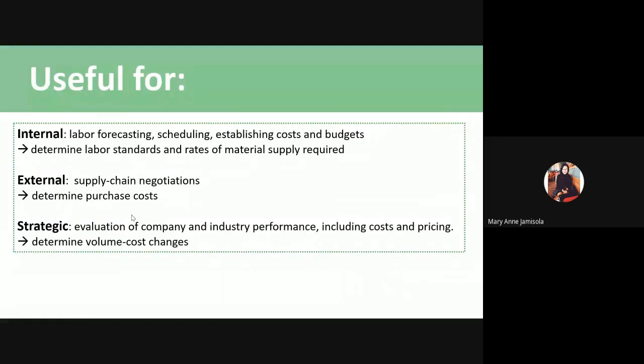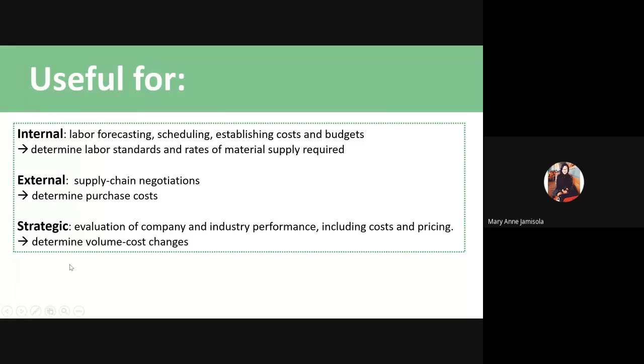By studying the learning curve, we can assess how fast we can produce the 100,000 units, and we can also predict when to order raw materials. So we can negotiate early with our suppliers.